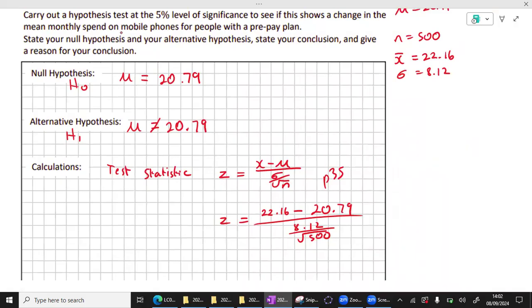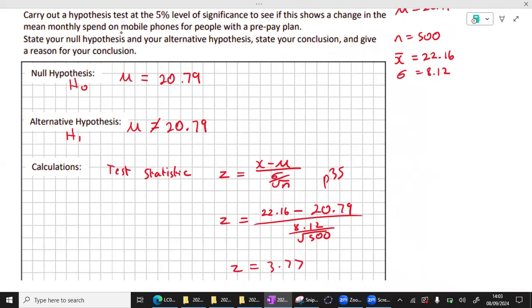And then I just divide that by my 8.12 and my root of 500. So that came out to be 3.77.